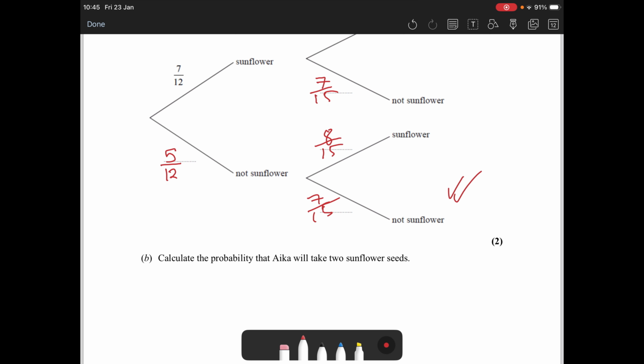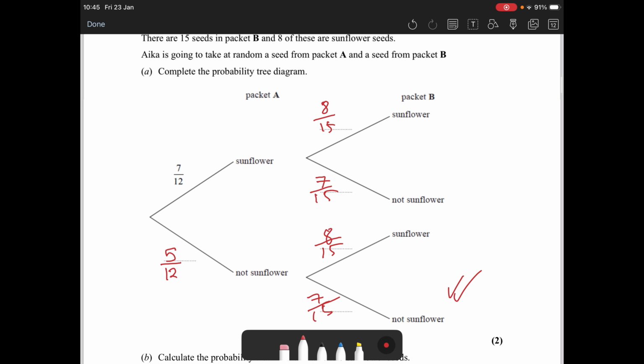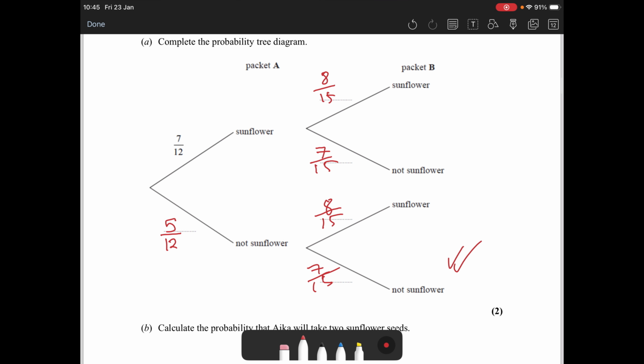Calculate the probability that she will take 2 sunflower seeds. Well, on this tree, if we always start here, which of the 4 pathways involve her getting 2 sunflower seeds? Well, it's literally only the first one, isn't it? It's sunflower on the first, sunflower on the second.